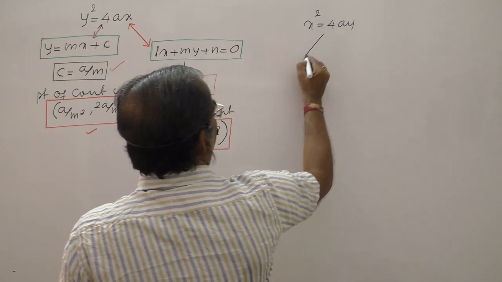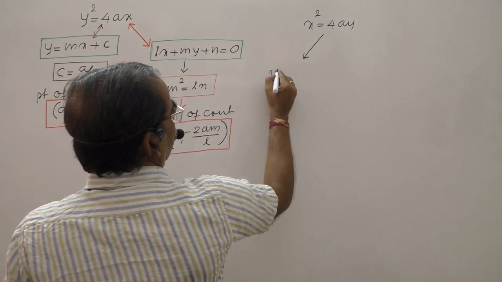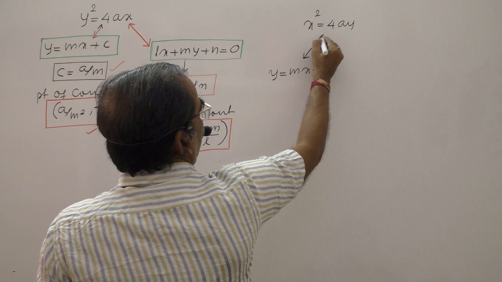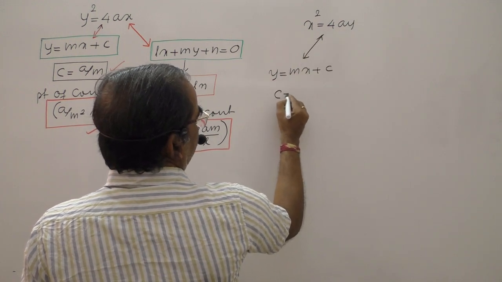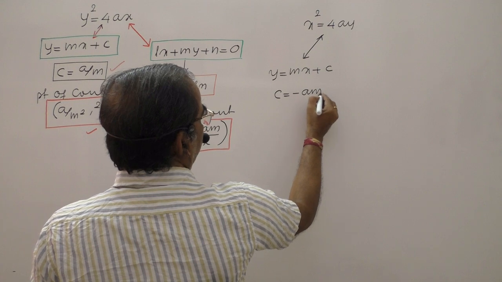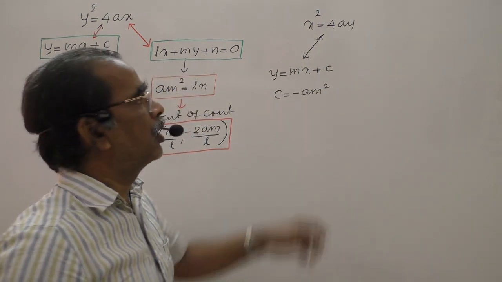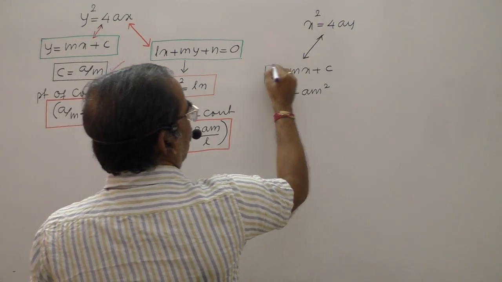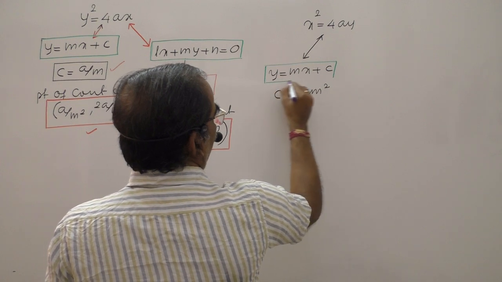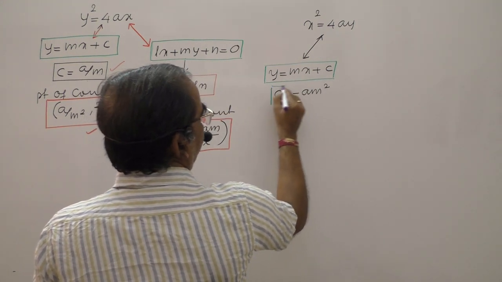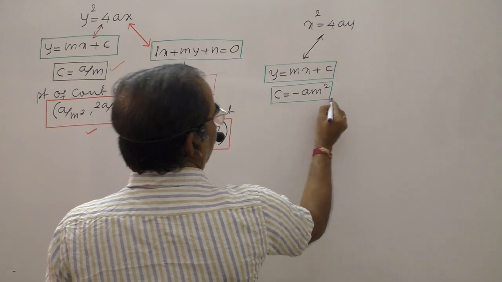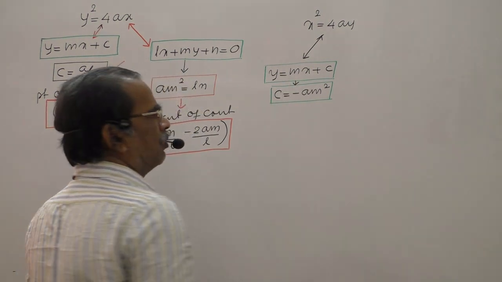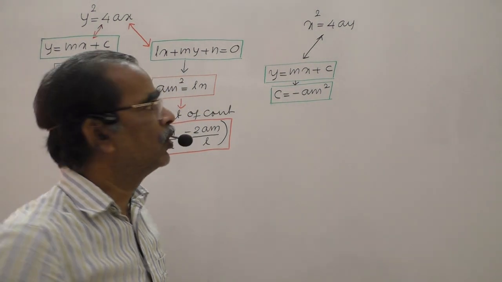For this parabola, what is the condition for the line y equal to mx plus c to touch it? The condition is c is equal to minus am square.